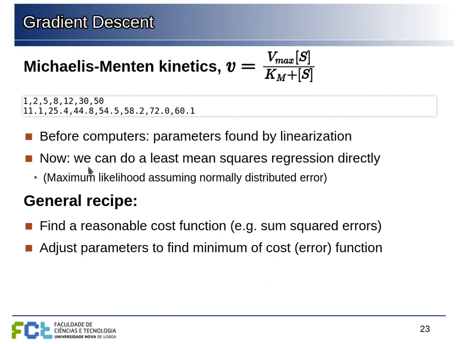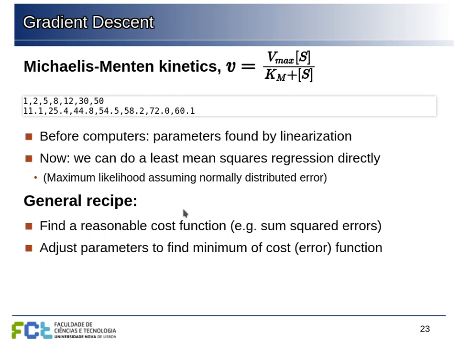But if we do the regression directly, we can consider explicitly that the error is in the estimate of the initial velocity. There is no error there in the substrate measures, because we can consider that we quantified the substrate carefully, and so we can do a least mean squares regression directly on this expression and get the curve that best fits the data that we have.